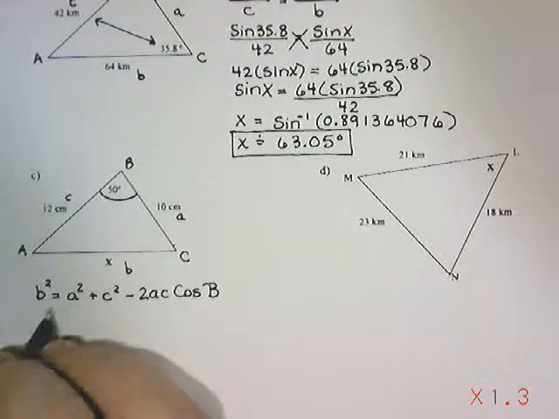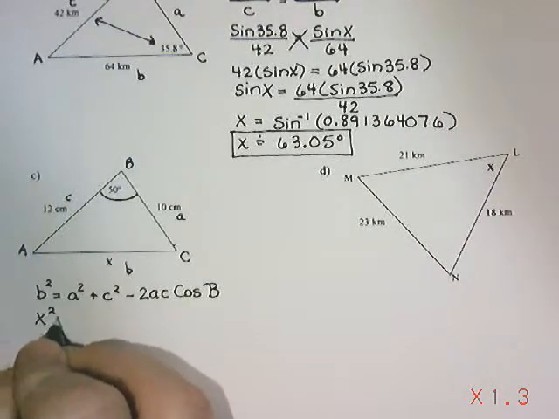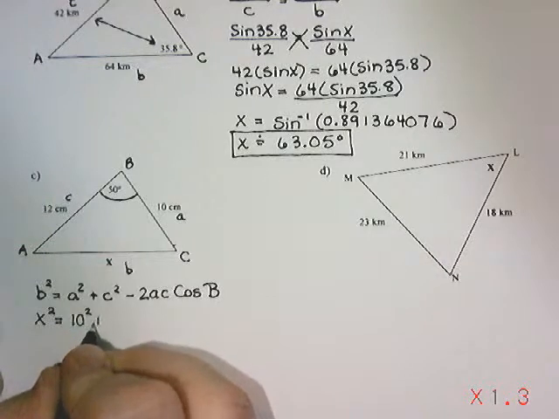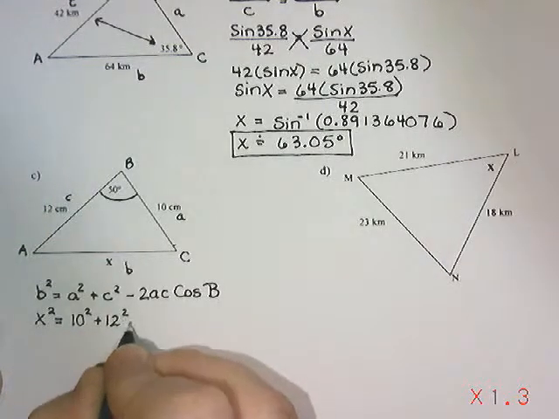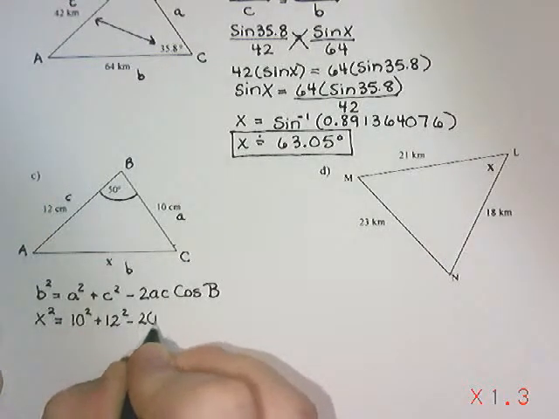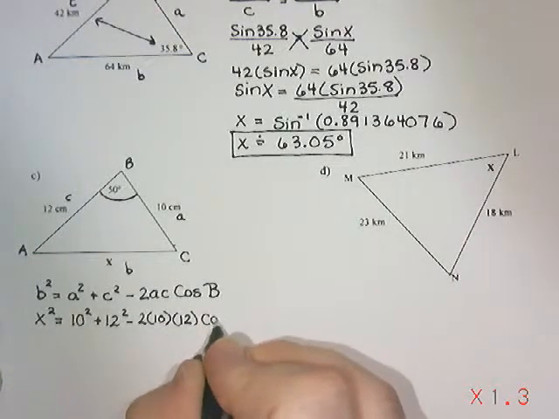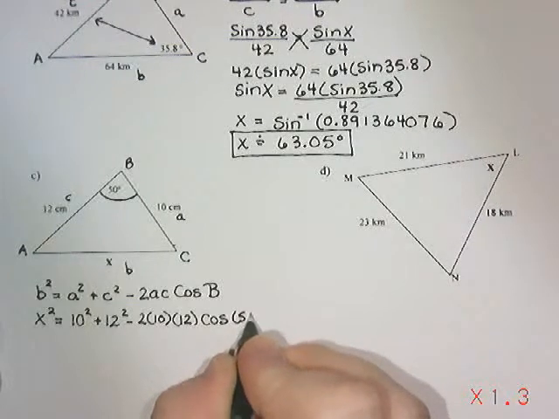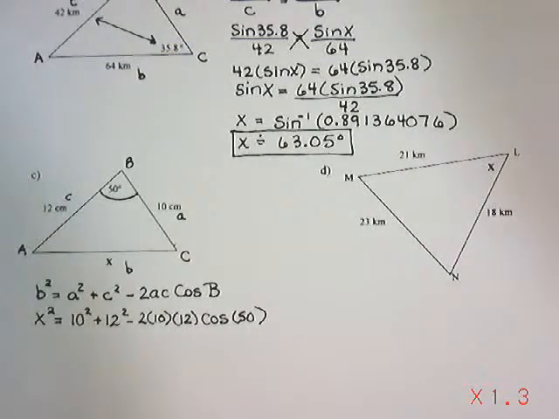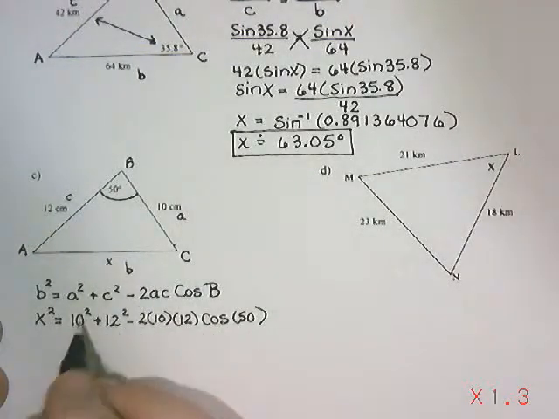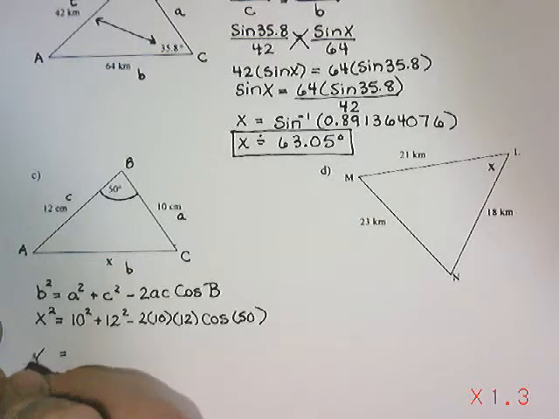Okay? So here, I don't know b, that's x squared. a is 10 squared. c is 12 squared, minus 2 times a, which is 10, and c, which is 12, times cosine of 50. Okay, I actually like to do a lot of this on my calculator all at once, and I am going to work all of this part out in a second.